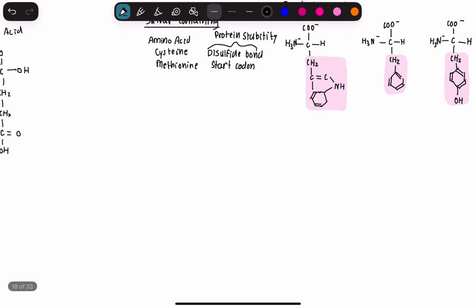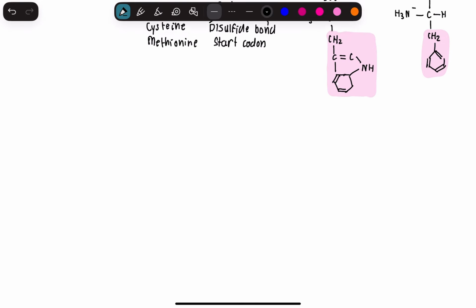Now, moving on to summarizing all of the charges. Our positive charges, again, are going to be Lys, Arg, and His.